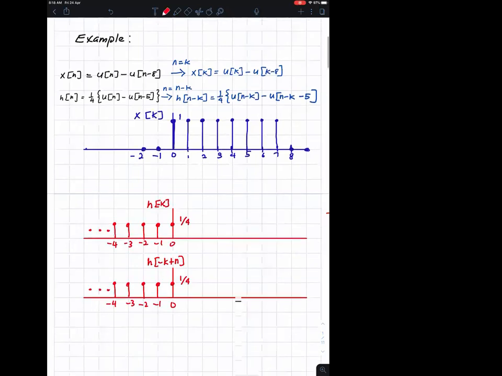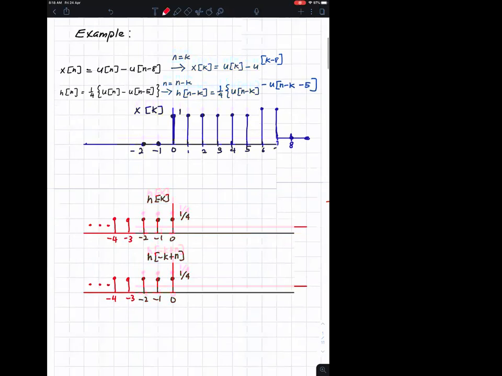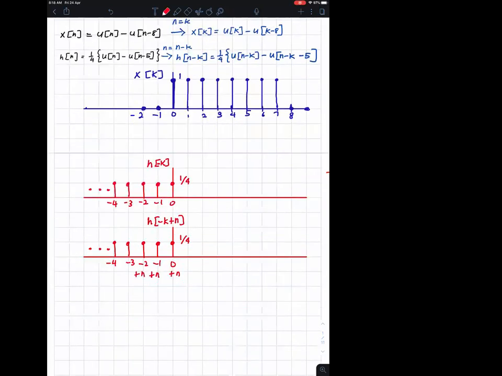All you have to do is plus n to each one. So it's going to be n minus 4, n minus 3, n minus 2, n minus 1, n minus 0, which is just n. n can be anything.